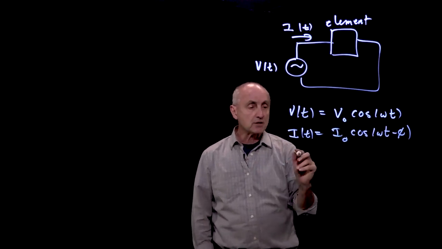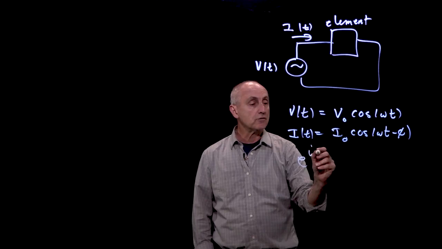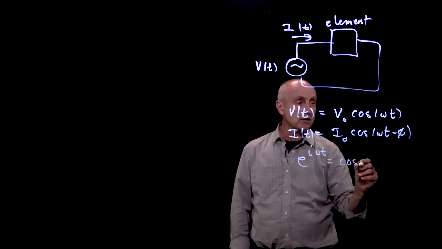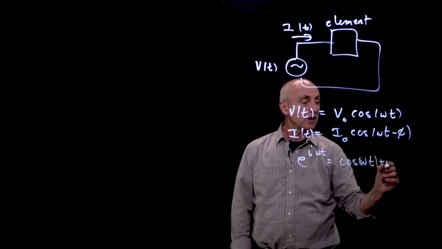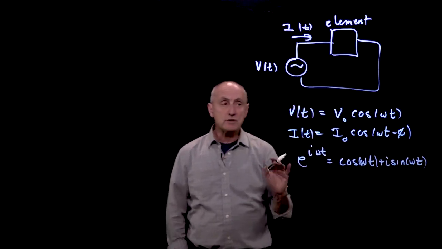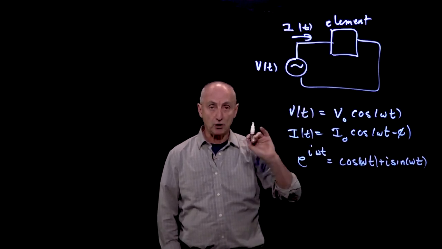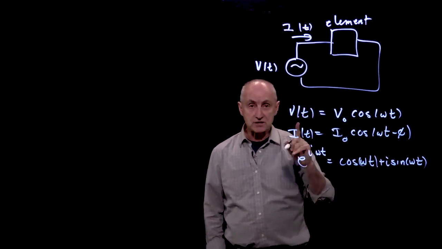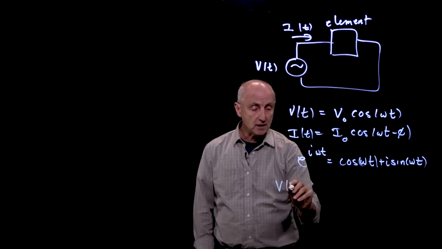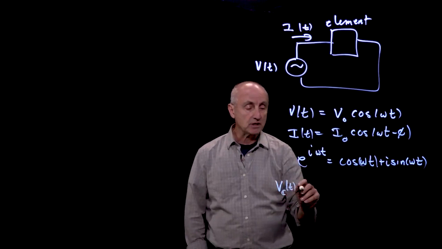Now keep in mind that we have our Euler formula, where e to the i of an angle, which we'll call omega t, can be written as cosine of omega t plus i sine of omega t. So now what we're going to do is complexify our voltage and our current, and we'll write these as complex functions. We'll write the voltage as a function of t, sometimes written with a complex notation, but we can eventually drop that.